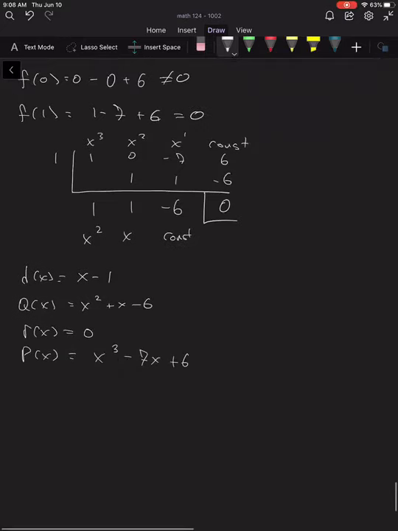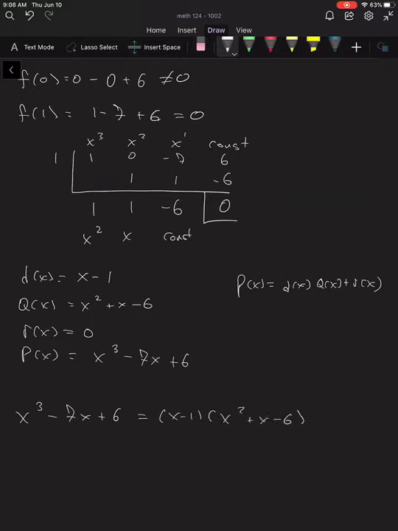So p of x is equal to d of x, x minus 1, times q of x, x squared plus x minus 6, and the remainder is 0, so we don't need to do plus 0.